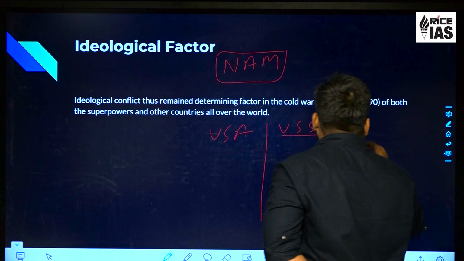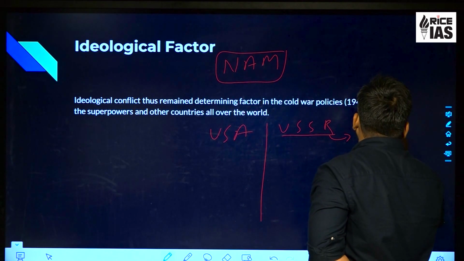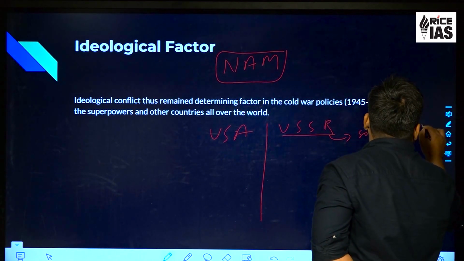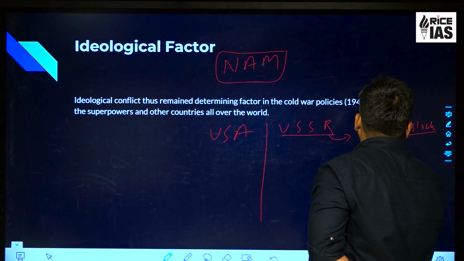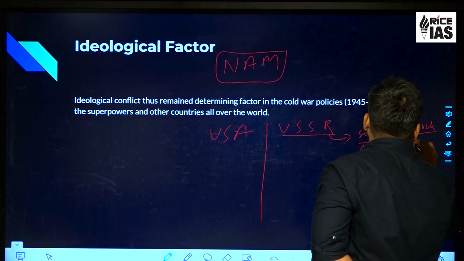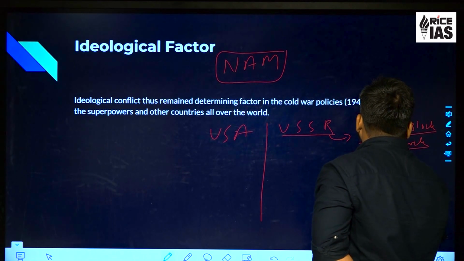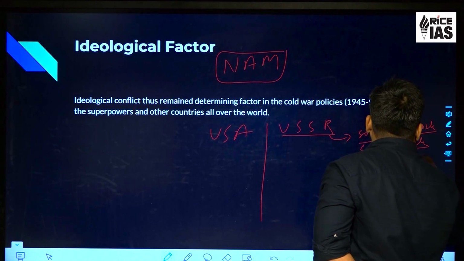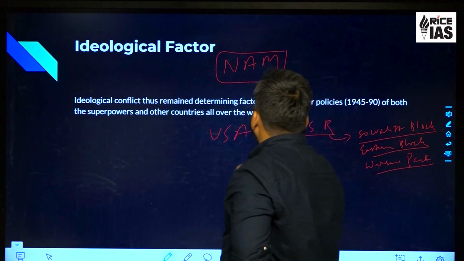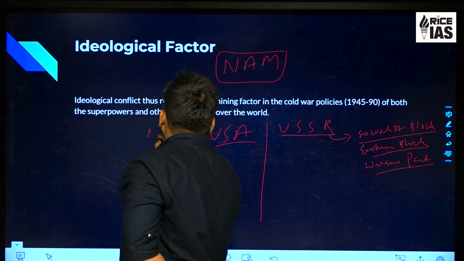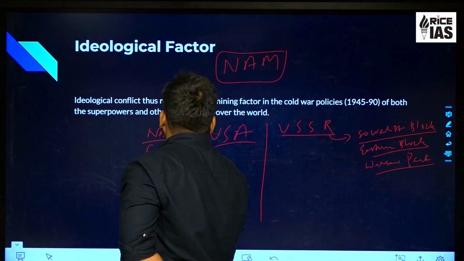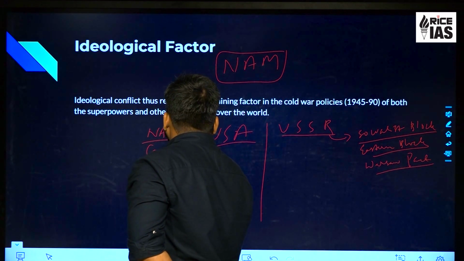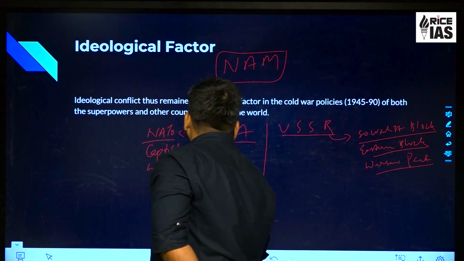These were largely called socialist blocs or the Eastern Bloc, underlined by the Warsaw Pact, and USA leading NATO, the capitalist or the Western Bloc.